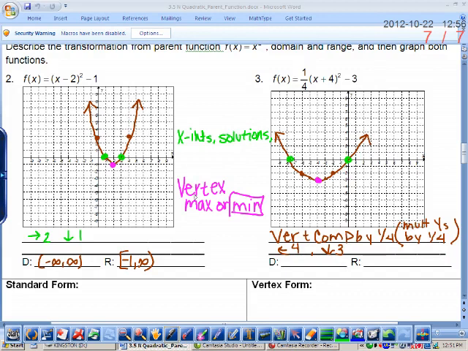One starts with R and one starts with Z. Zeros. Roots. Guys, you have to know these 4 terms. You've known them for a long time. You've got to get them back into your memory, okay?